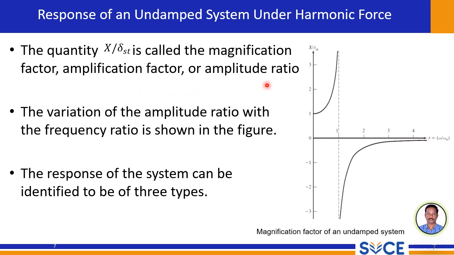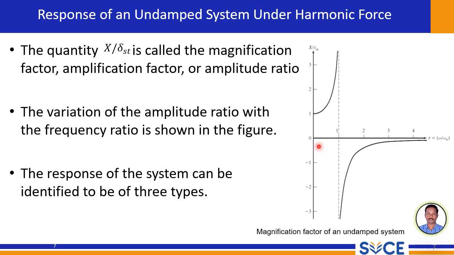It essentially tells us how much the amplitude of the forced vibration is amplified compared to the static deflection. The variation of this amplitude ratio with the frequency ratio is given in this graph. Let's take a closer look at it.